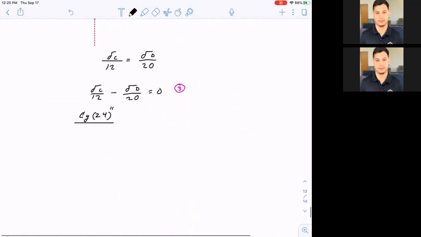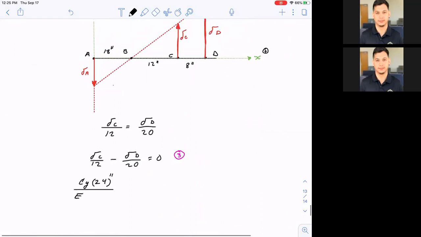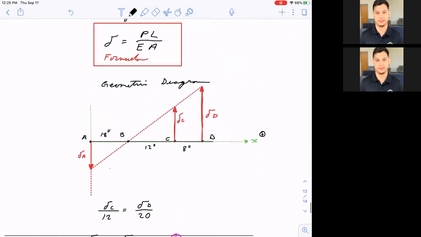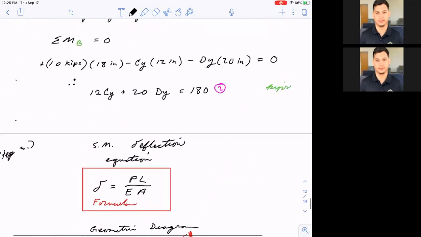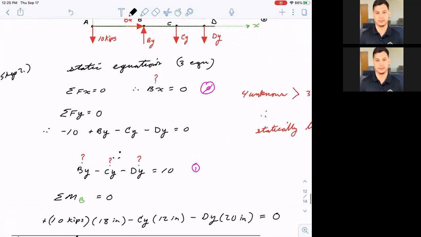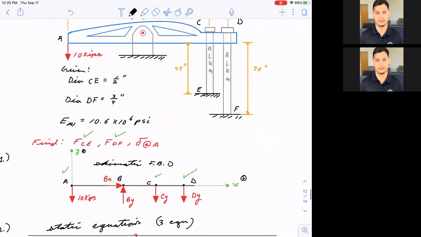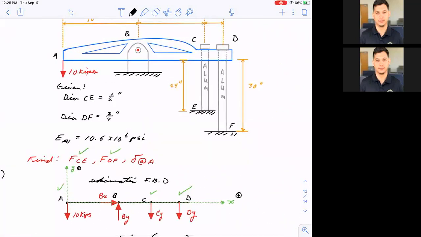But actually, we could divide it out since they're both going to have the same material, we'll just keep it at E. Let's see if the area is going to be the same. Nope, the diameters are different, so the areas are going to be different as well.